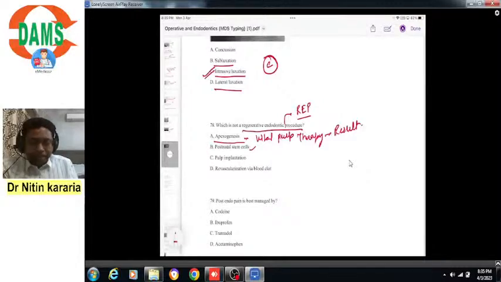Pulp implantation basically means that in a non-vital tooth which is pulpless, because of your revascularization or regeneration procedures, there is development of some pulpal tissues. And revascularization via blood clot definitely is one of the most common things we do.